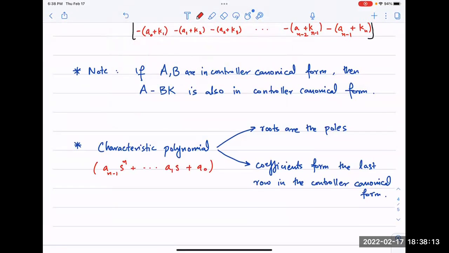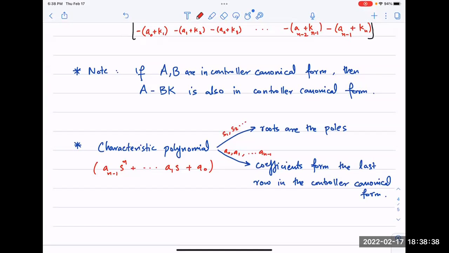So a0, a1 and so on form the last row of the controller canonical form, and s1, s2 are the roots of the characteristic polynomial, and they are also the poles.